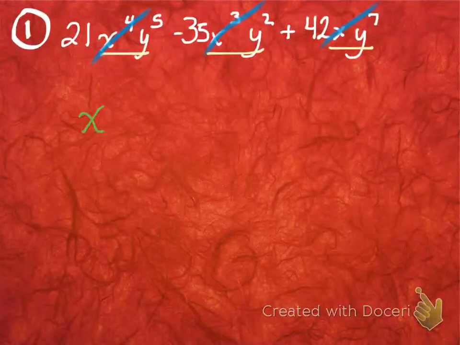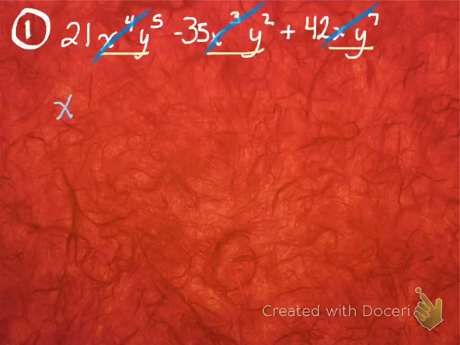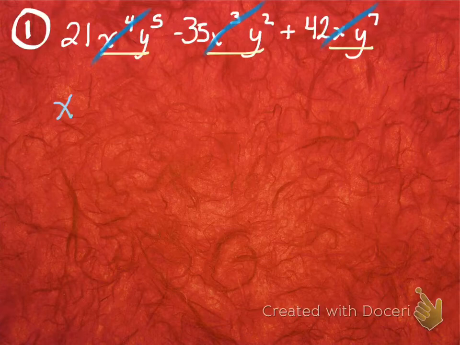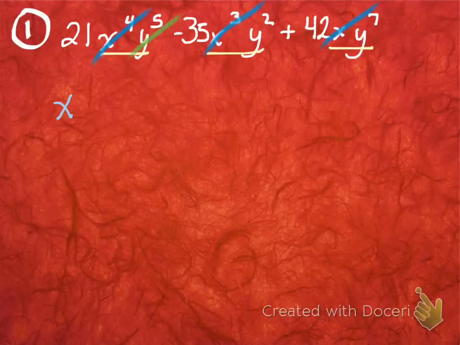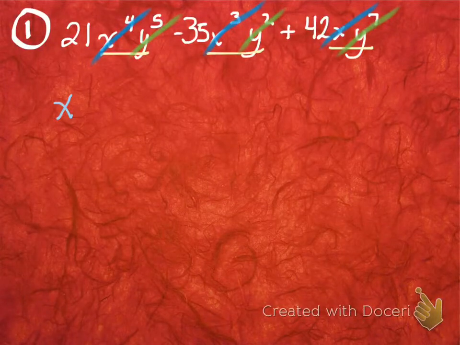Next thing I'm going to look for is all of my y's. So I'm going to look through all my y's. And my lowest exponent on all my y's is y to the second.